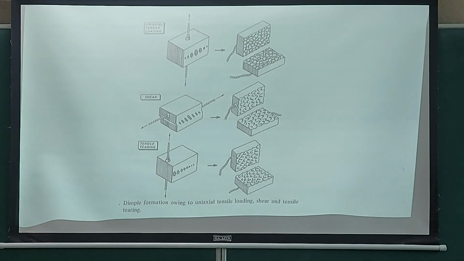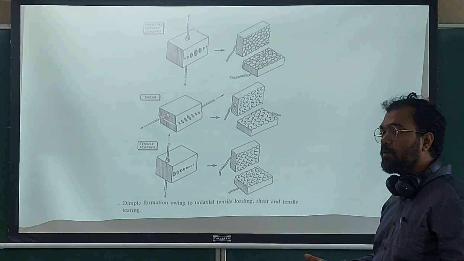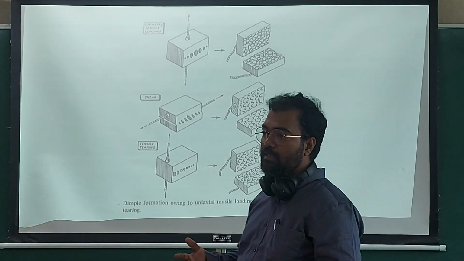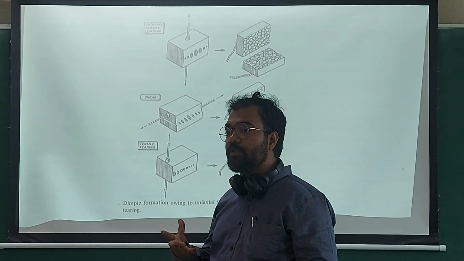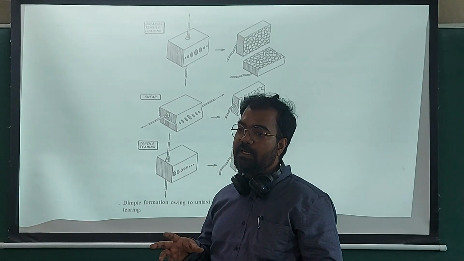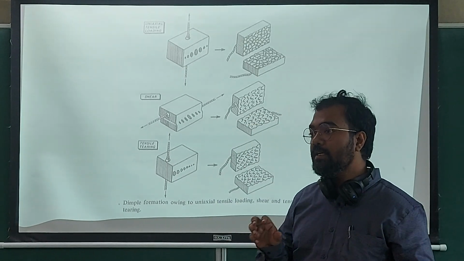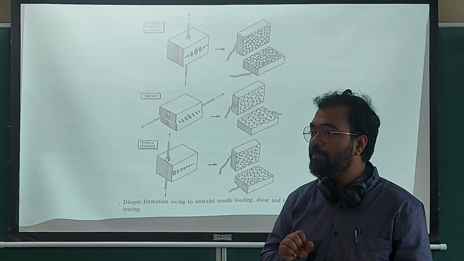And the average dimple size, when you look at it under a microscope, so like you calculate the average grain size, similarly you can calculate average dimple size, and that average dimple size can be related to the fracture toughness. Why? Because damage kinetics depends on material property.